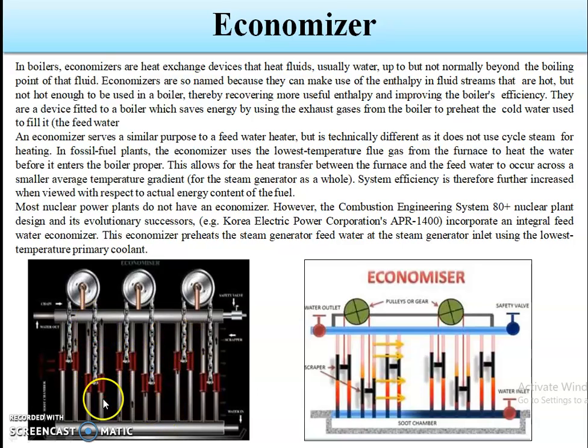Next we use a scrubber. The scrubber is mainly used to clean the pipeline, because when hot flue gases pass over the pipe, some carbon and ash are deposited on it. If ash or carbon is deposited on the pipe, the heat transfer coefficient will decrease. In that condition we use the scrubber, which works with a reduction gear mechanism to continuously clean the ash and dust particles in the pipeline.